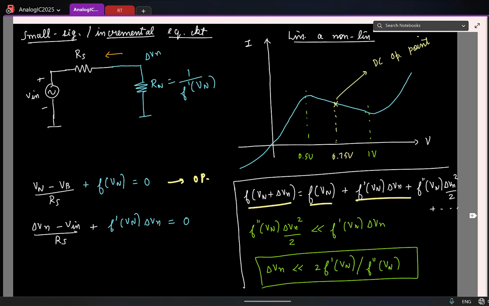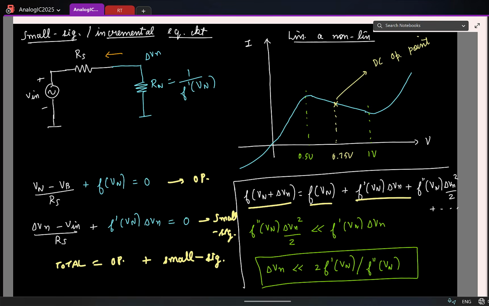So you solve for this small signal circuit, you get the value of delta Vn. So this gives me the small signal. The total voltage you will observe at that node will be the sum of the two voltages. So total is operating point plus small signal. Is that okay? I'm guessing you might have seen this earlier.